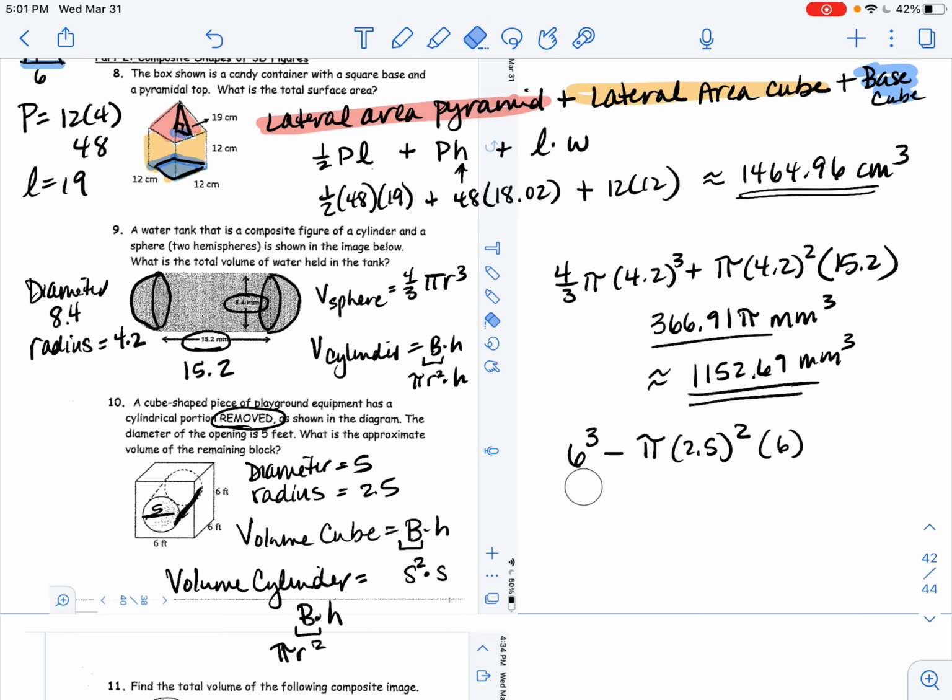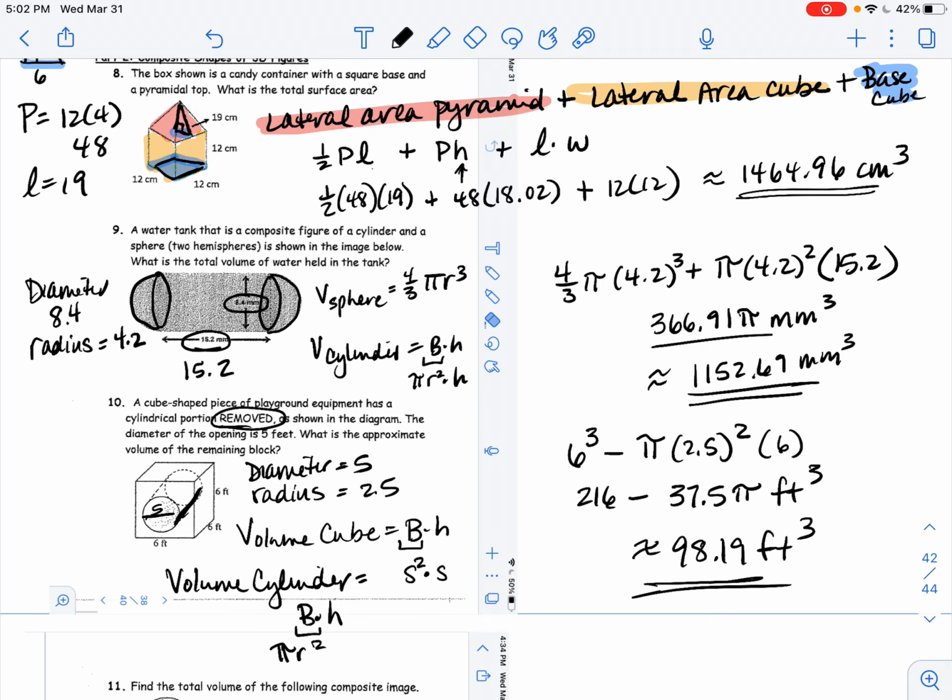Let me double check my math. 6 cubed would be 216 minus 37.5 pi, and this would be feet cubed. Now if I work out the pi, that would give me approximately 98.19 feet cubed.